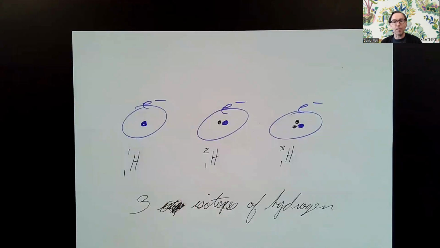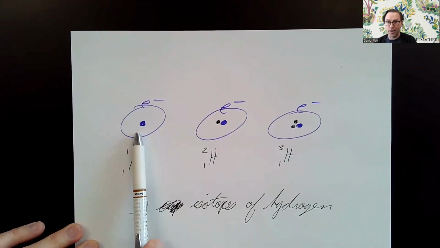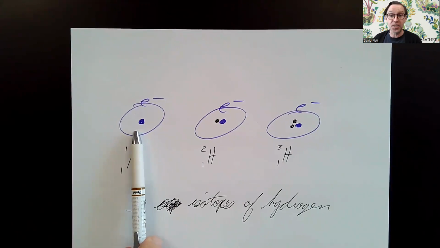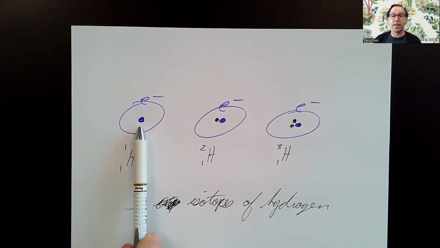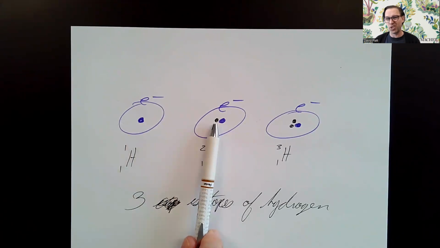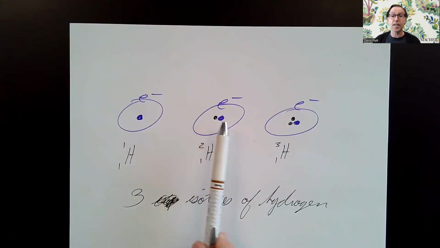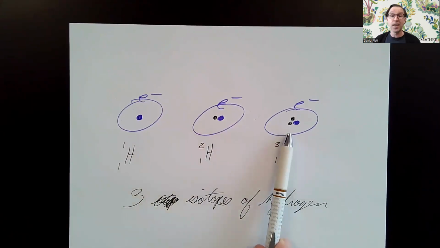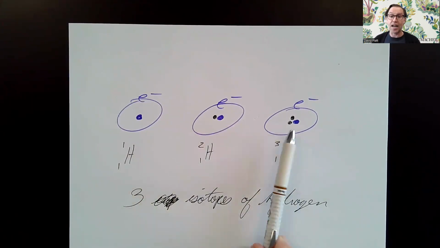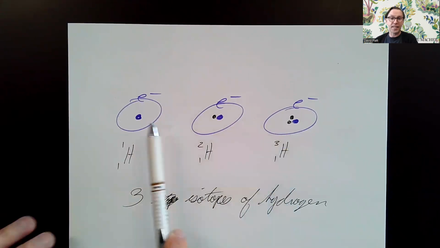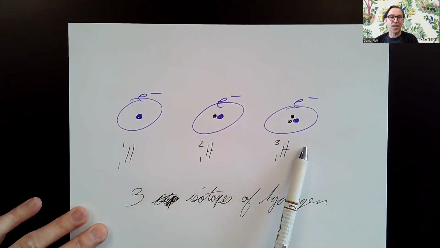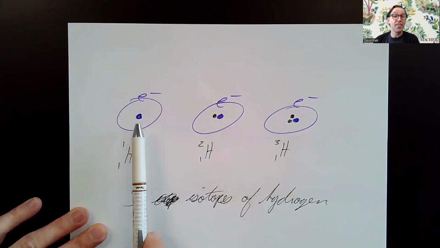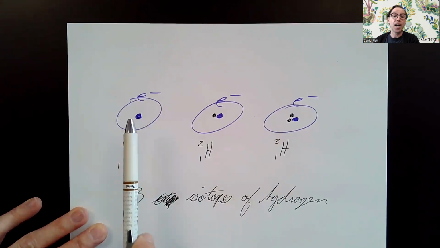What we do to find that number is we do a weighted average. We do this mass 1 times the percent of hydrogen atoms that have this, plus this mass 2 times the percent of atoms that are like this, plus this mass 3 times the percent of atoms that are like this. And since that weighted average gives us something very close to 1, that's how I know that most hydrogen atoms are like this.